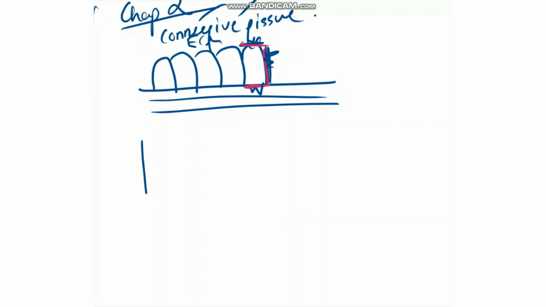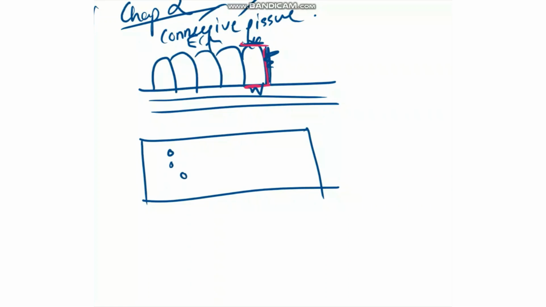So let me just draw a box here, and let me show you an example of how a connective tissue would look before we begin. So in this particular tissue, there would be a number of cells, right? And they will not be aggregated, and they wouldn't have the polyhedral or multiple faces nature.